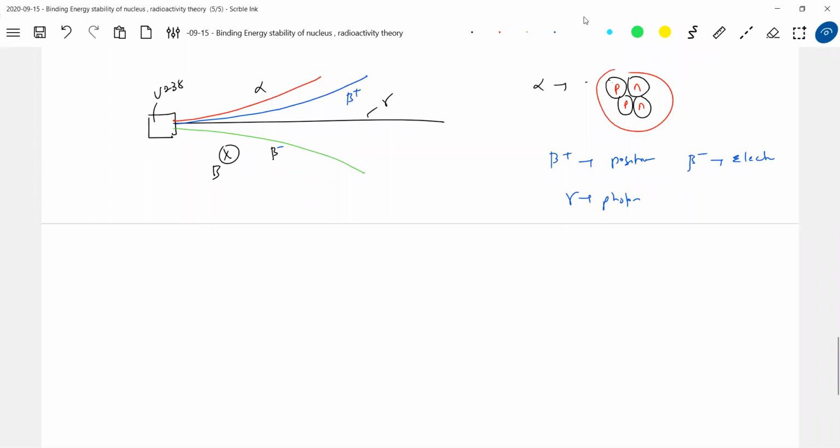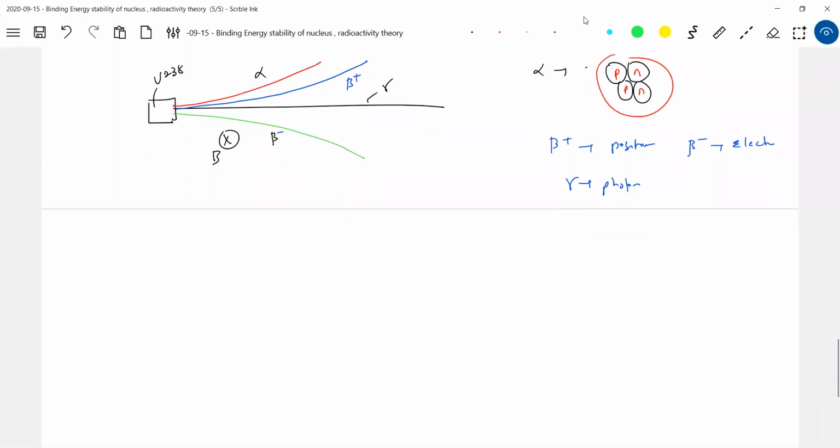So why will the alpha particle come? If you look at the nucleus, which is unstable, this is A, this is A. It is the parent, and it becomes a daughter nucleus. The proton number decreases by 2 and the mass number decreases by 4, and we'll get an alpha particle plus some energy released.